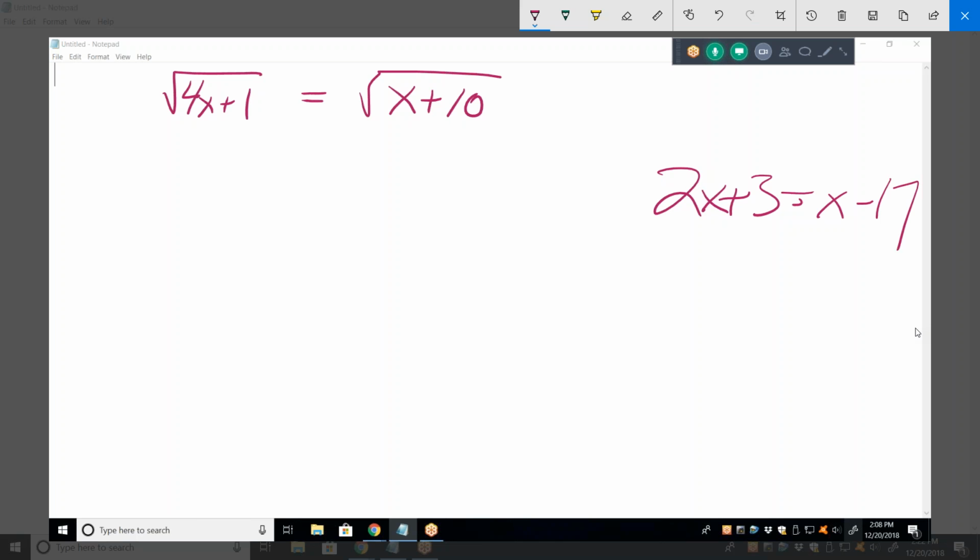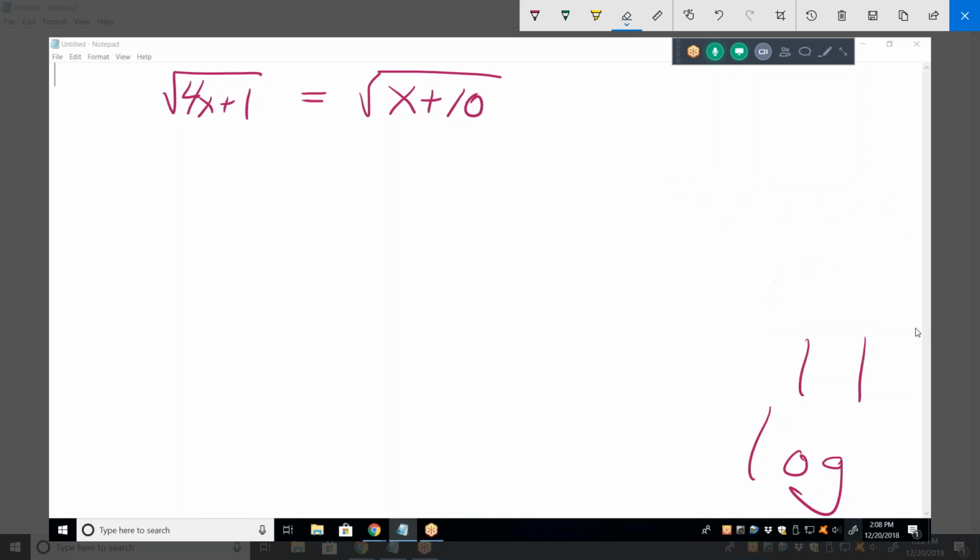There are three types of things that give you occasionally extraneous solutions. Radical sign is one of them. Absolute value sign is another. And logarithms is the third. Okay? So I'm looking at two radical signs here. So I want to be on the lookout for extraneous solutions. All that means is that once I solve this, I'm going to go back in and substitute both solutions and make sure that everything is still true.